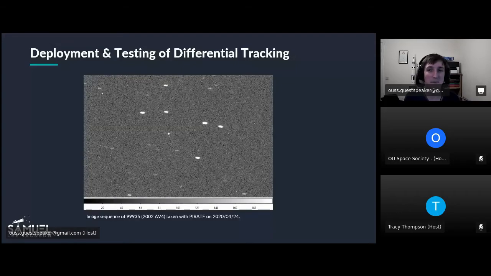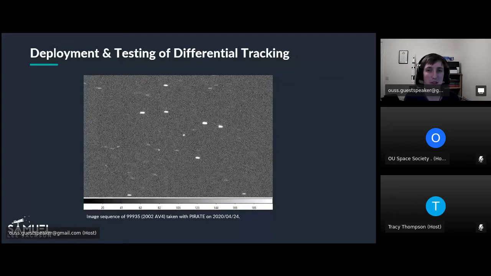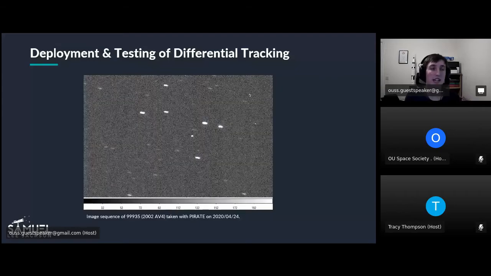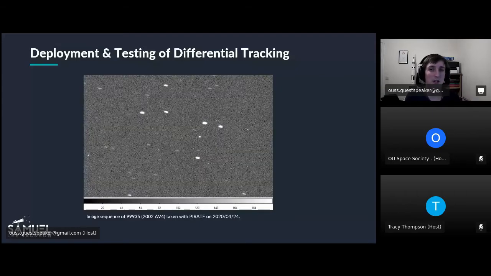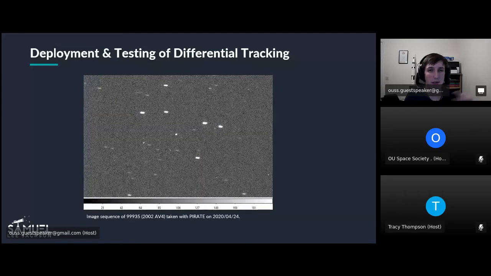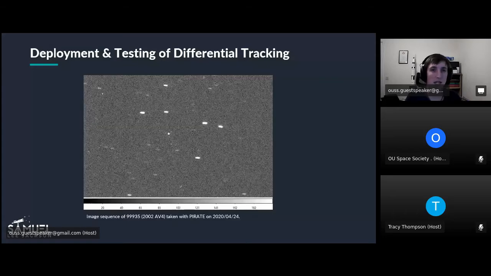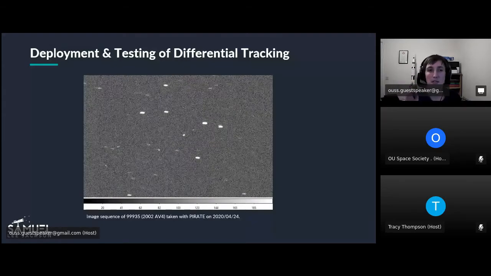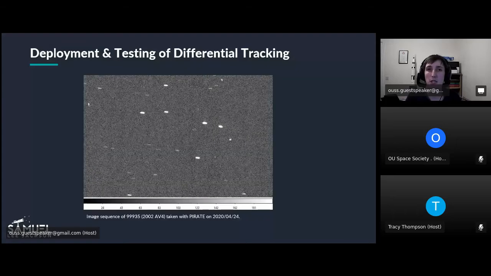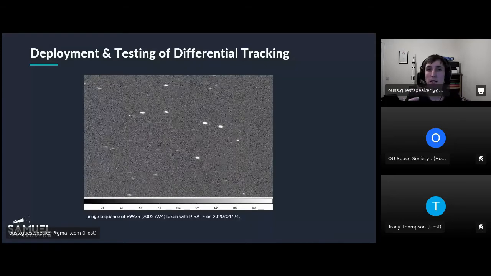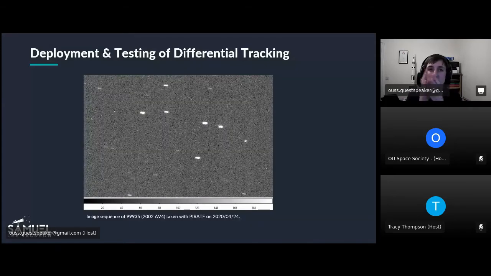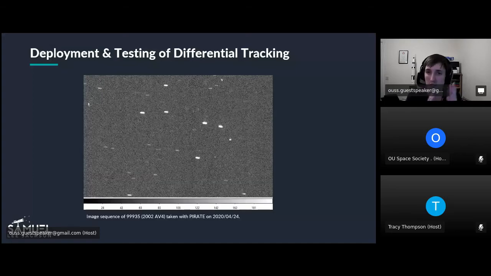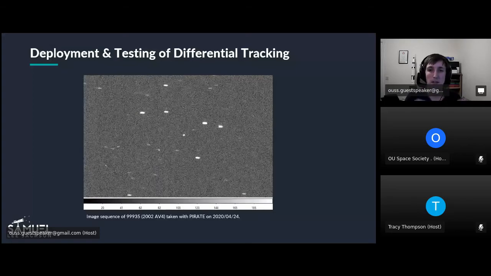Now, moving objects and trailed stars provide a lot of complications when it comes to developing automatic tools to manipulate the data from these images. For example, if we track a really fast object for more than a few minutes, you get these extremely long star trails, much longer than you see in this example. Now, if you think about when you look up at the night sky, you see the stars twinkling, right? And this is because of things like atmospheric turbulence, which ever so slightly changes the brightness of the star because of different densities of air between you and the star.